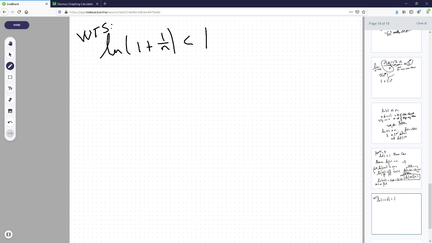And so the way I'm going to attack it is I'm basically going to invoke the same kind of argument here. I'm just going to say that 1 over n is less than 1. So do you believe this? I do. I believe myself.